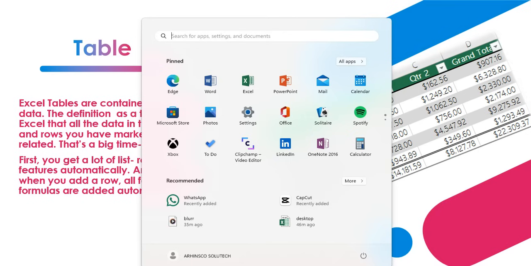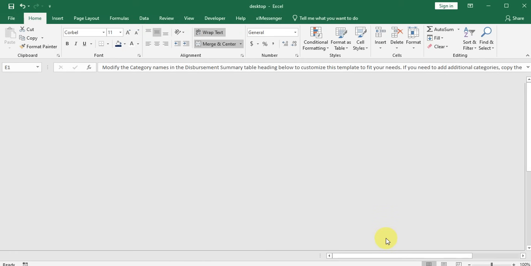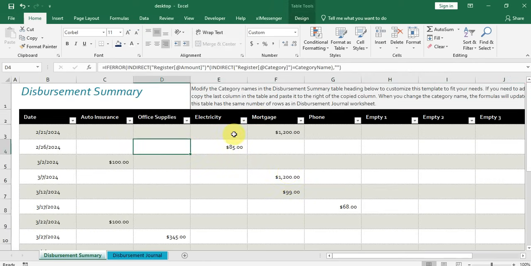Now let's go back to Excel and let me show you something here. I downloaded this data from the internet. Look at the top here. You can see date, auto insurance, office supplies, electricity. Now you can see some drop downs here.